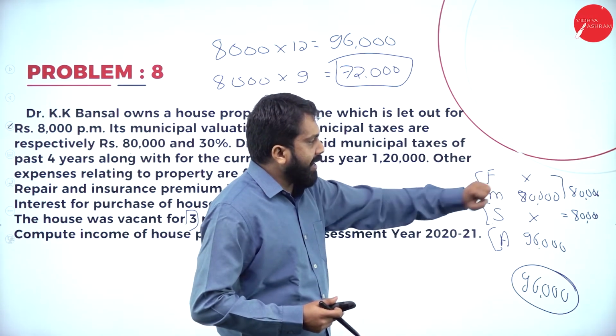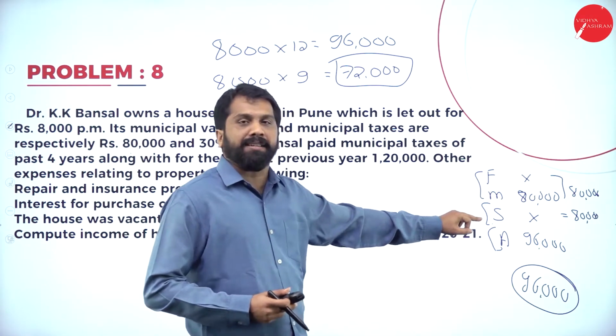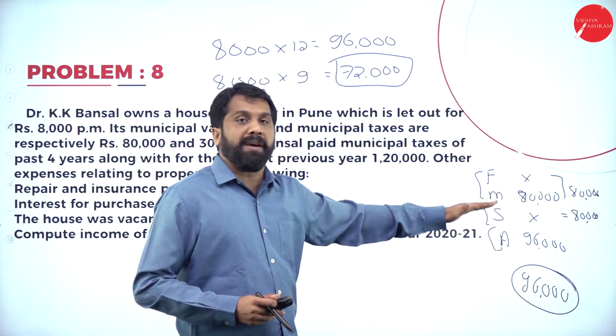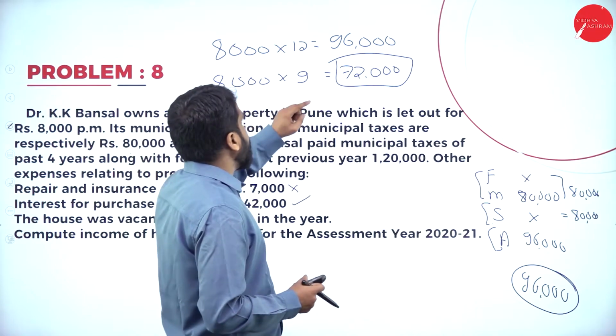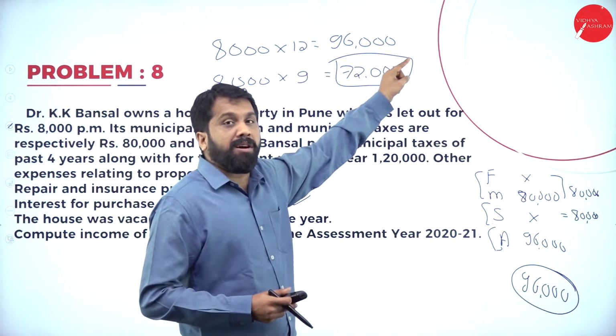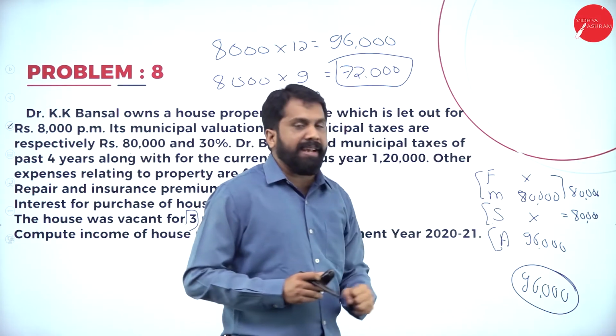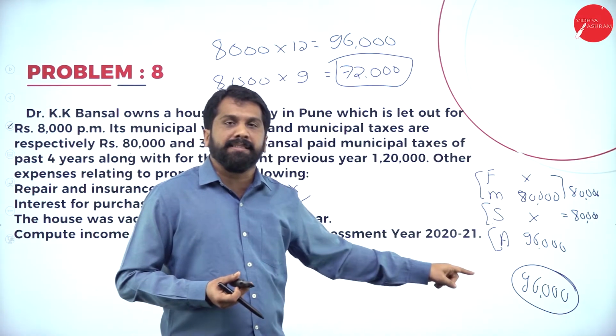What answer you got? 80,000. 80,000 was standard. Standard not given. 80,000 again will be your answer. Compare with actual rent. Actual rent, even though received 72, receivable how much? 96. Now, 96,000 or 80,000, whichever is higher? 96,000.